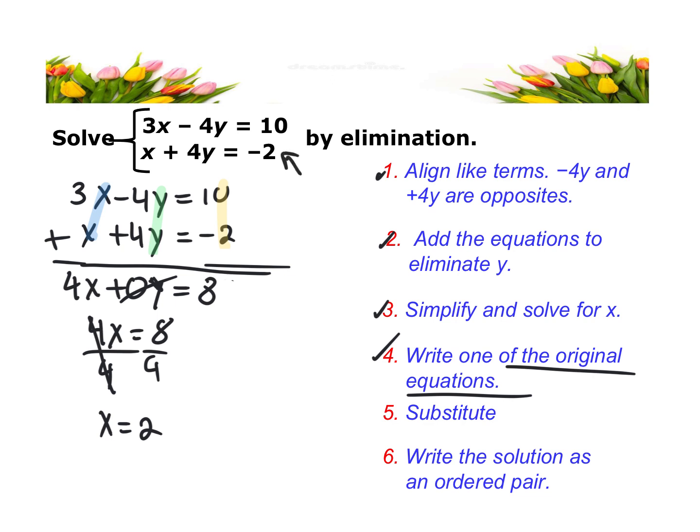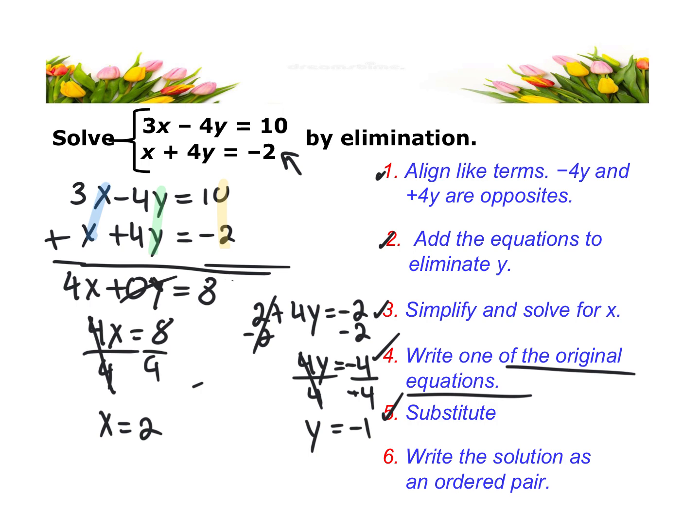Again, it doesn't matter which equation you plug it into, as long as it's one of the originals. So I'm going to go ahead and do 2 plus 4y is equal to negative 2. I'm going to subtract 2 on both sides to get 4y is equal to negative 4. Divide by 4, divide by 4. And we get y is equal to negative 1.